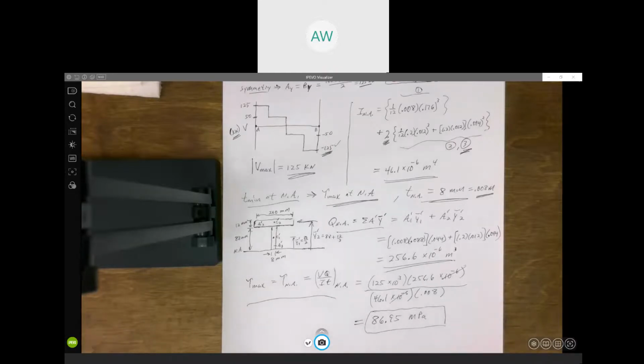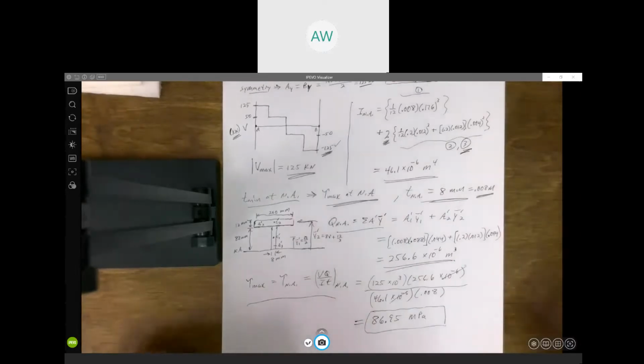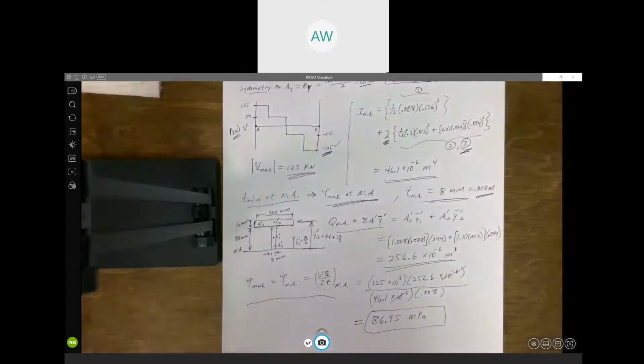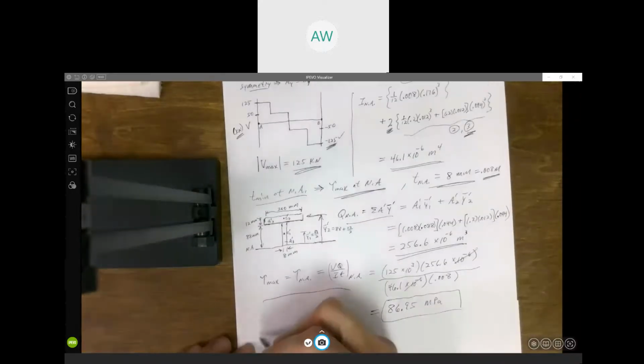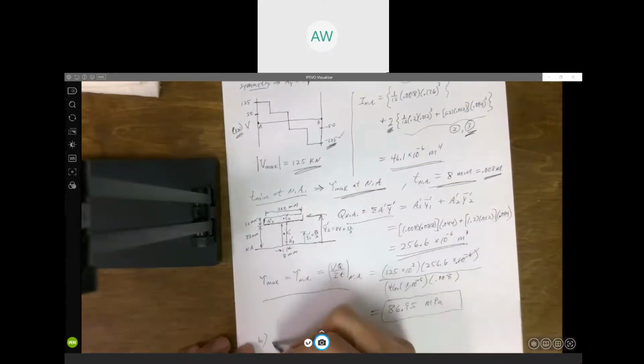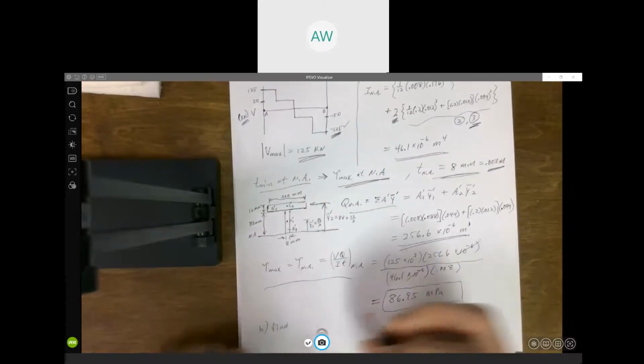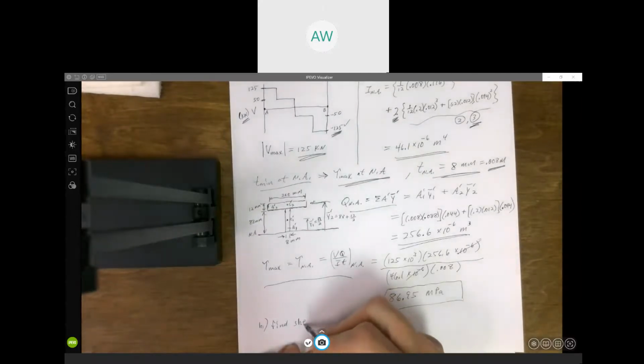Well, while we got this, before we do anything else, what if we add part B to this problem? Say we want to find the shear stress.